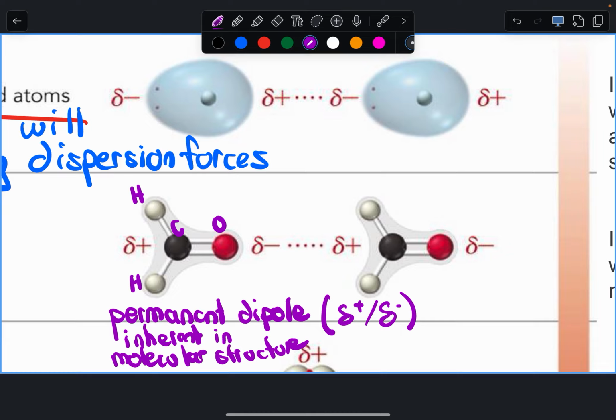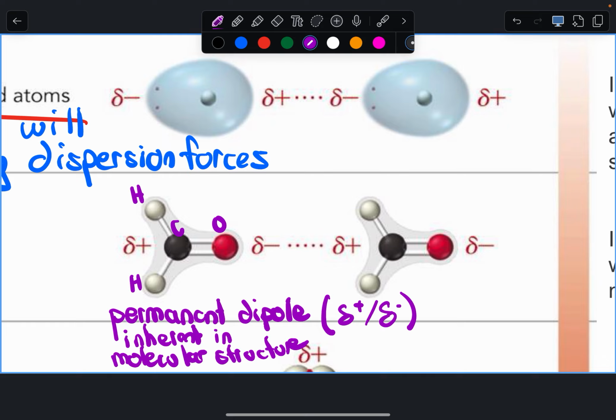Okay, so we've talked about this plenty of times before, even last semester. When you get things with partial charges close together, they start to attract each other in a particular way. The oxygen here has a negative charge, so the other oxygen is not going to line up with it, because they both have negative charge. That would be a repulsive force. So the carbon side of that molecule lines up with this oxygen.